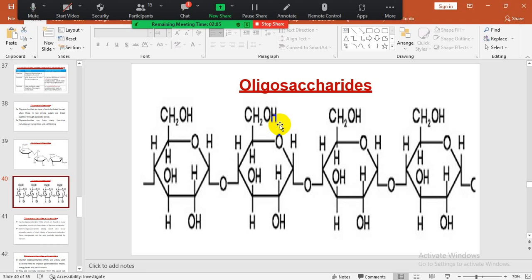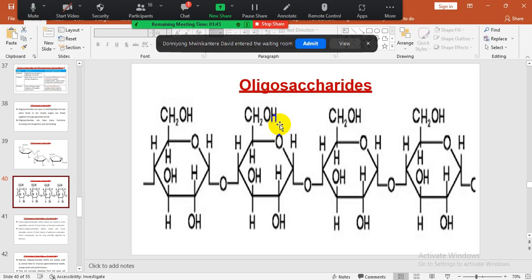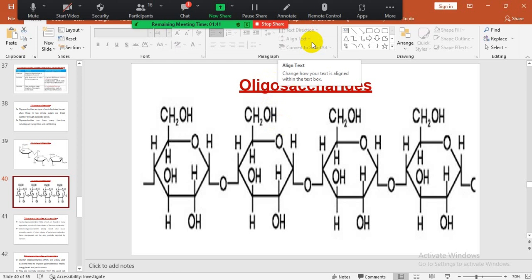Glycosidic bond. There are 4. Who can tell me the answer? They are 3. Okay.